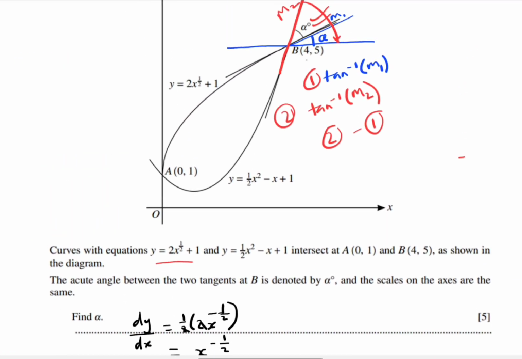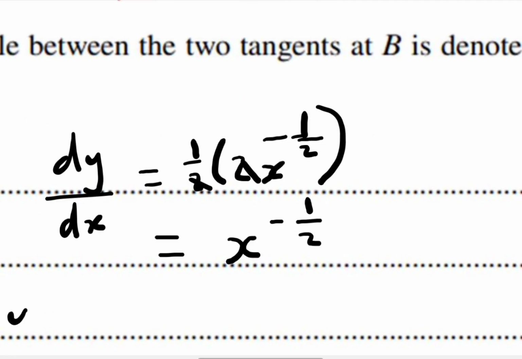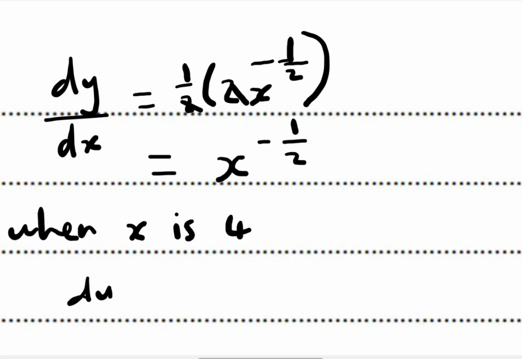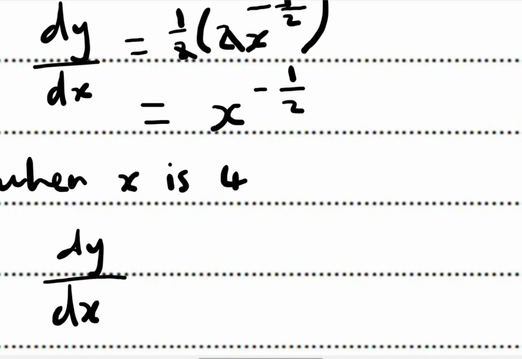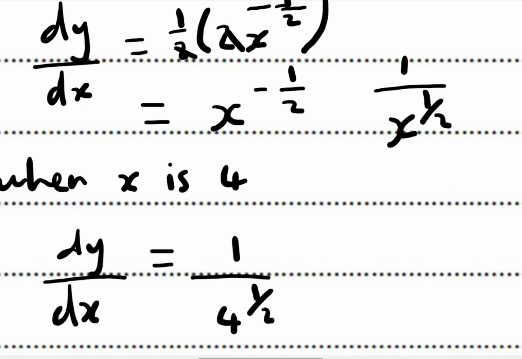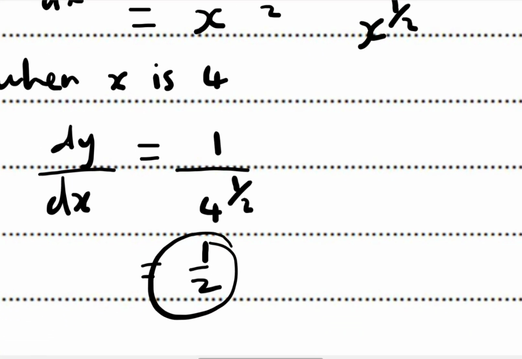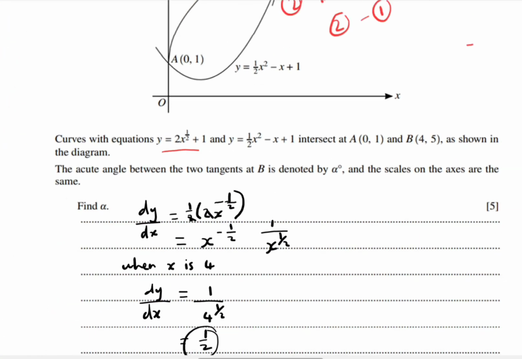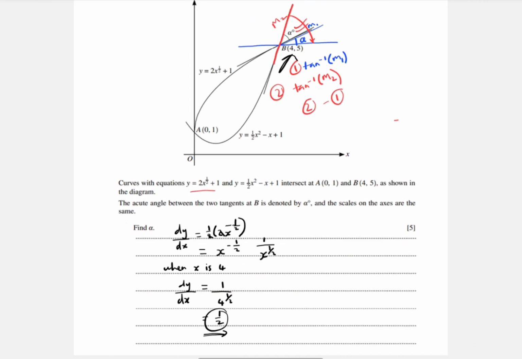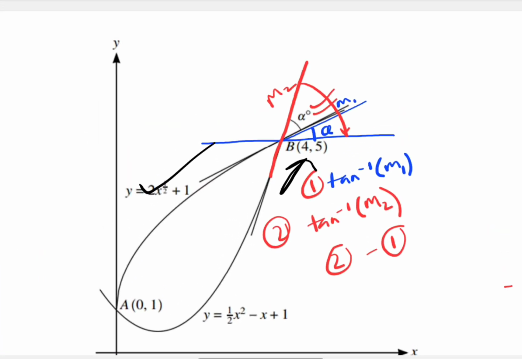And at x equal to 4, so when x is 4, dy/dx is equal to, that's like 1 over x to the half, so 1 over 4 to the half. We know 1 over square root of 4, that's 1 over 2. So that is the gradient of the tangent for this curve at x equals 4, which is our m1.